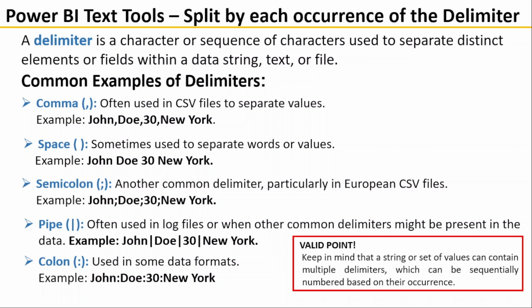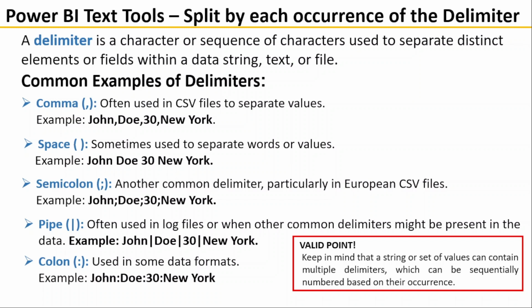text, or file. Here are common examples of delimiters: the comma, often used in CSV files to separate values. For example, John Doe 30 New York, all separated with a comma.